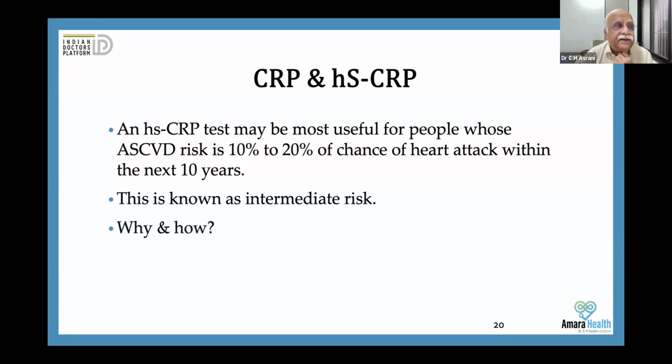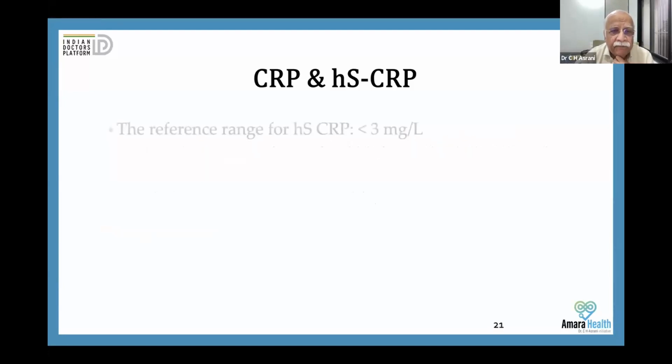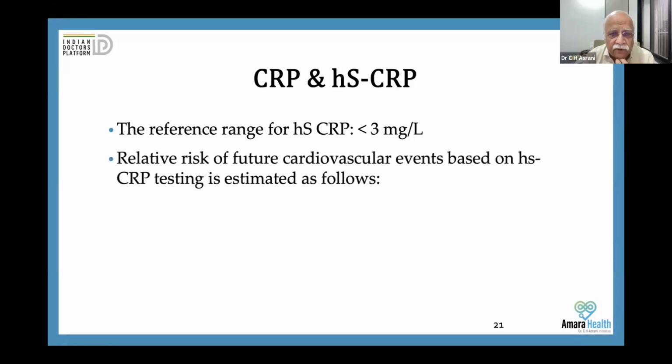Why HSCRP more with the risk of coronary artery disease? We'll say that subsequently. The reference range for HSCRP is below 3 milligram per liter. Relative risk of future cardiovascular events based on HSCRP testing is estimated as follows.